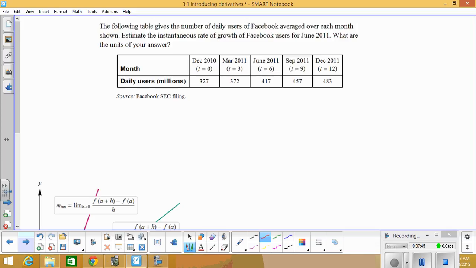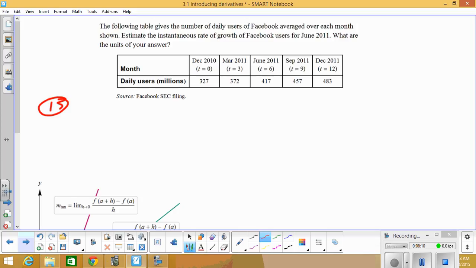The example in the book walks through when t is 6, or for June. But if I want to go ahead and try to use the examples from homework, I'm going to do number 15. And it's saying, using the same information, do September. Try to find a good guess on the instantaneous rate that the Facebook is growing in September.